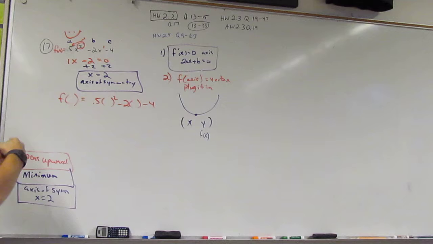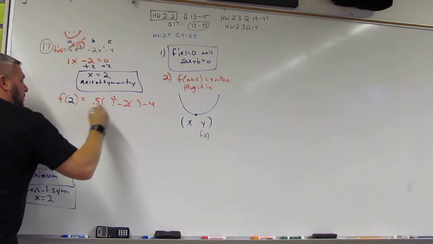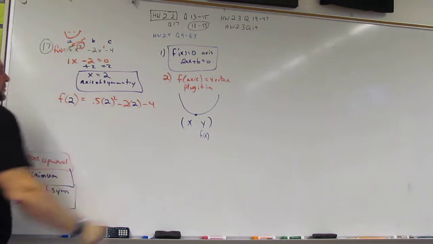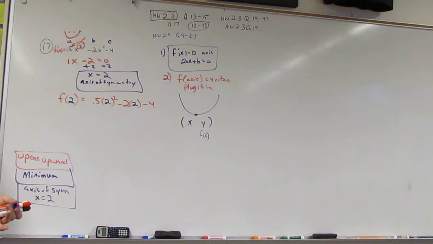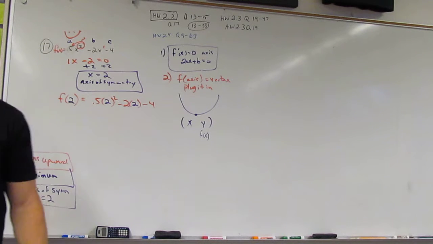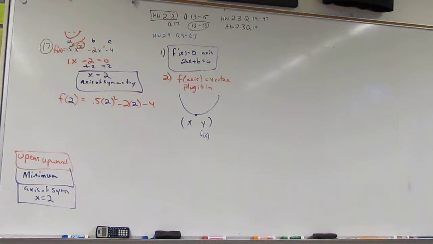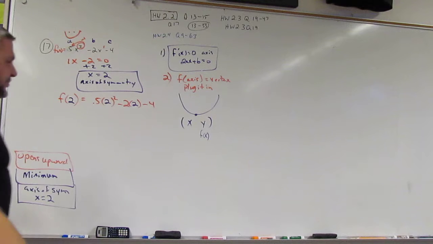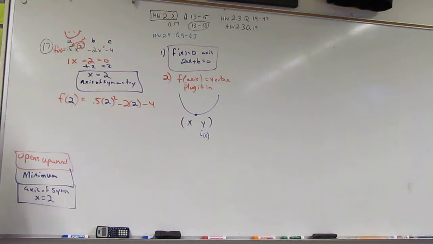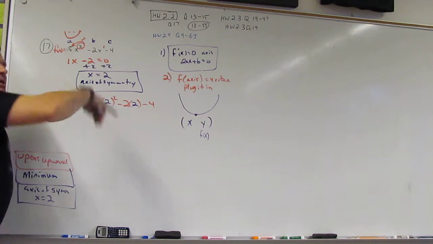So in other words, x is 2, so the 2 goes in for x. That's it. We're just plugging it in. This should have been in the sixth chapter of Algebra 1, where we do quadratics. And we start plugging it in.